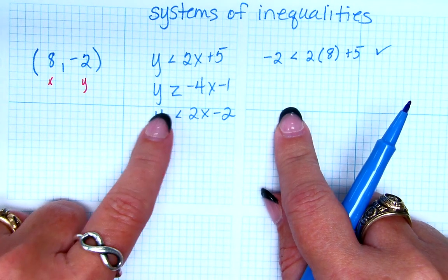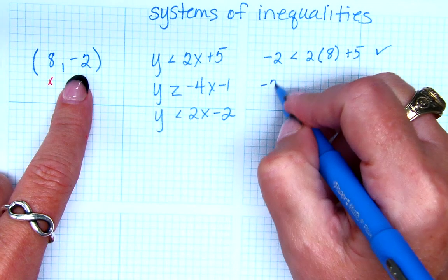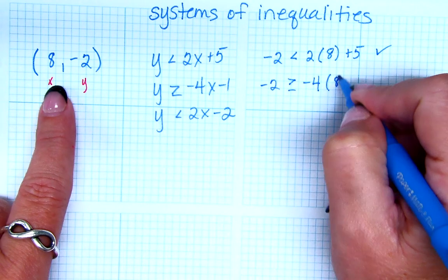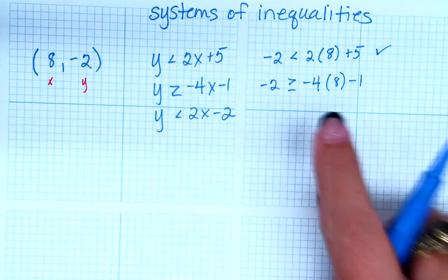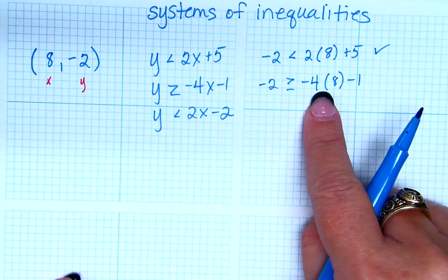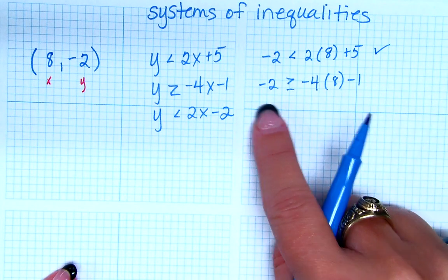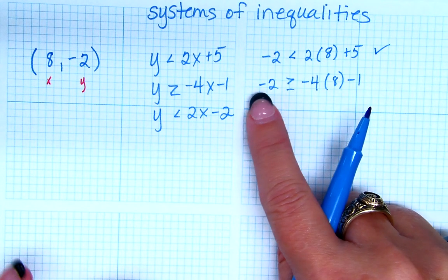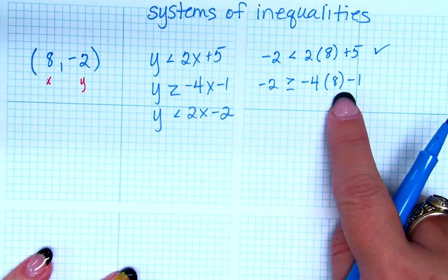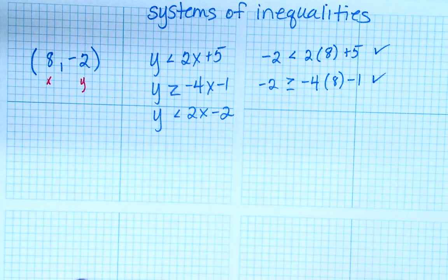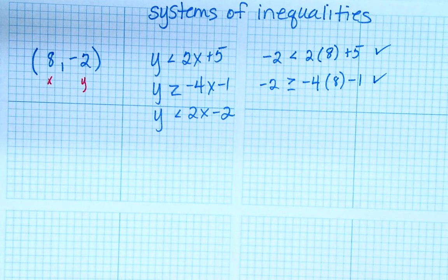So y, -2, is greater than or equal to -4 times 8 minus 1. What's -4 times 8? -32. -32 minus 1? -33. Is -2 greater than or equal to -33? Yes. So that one works as well.